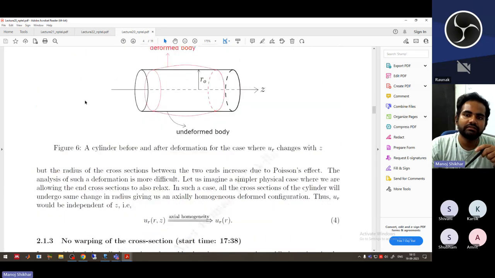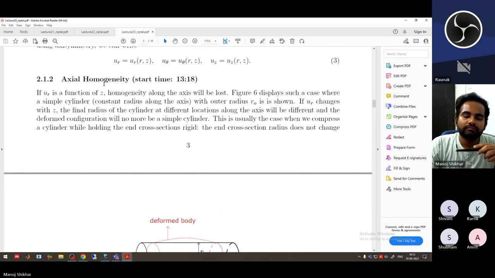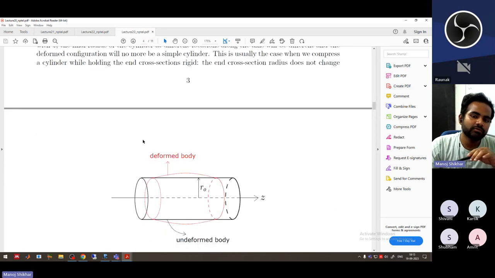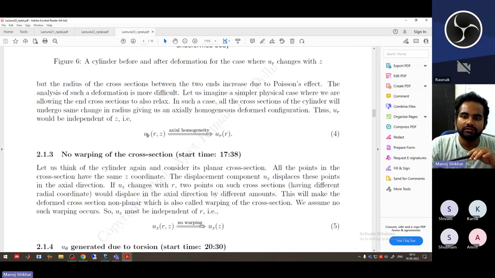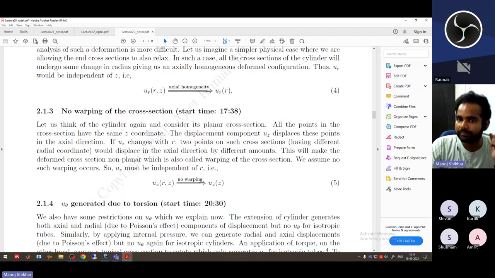So as a result of axial homogeneity, our UR reduces to be a function of R only. Then we consider no warping of a cross section. So what does warping mean? Suppose I cut a section here, so I will have some circular cross section there.